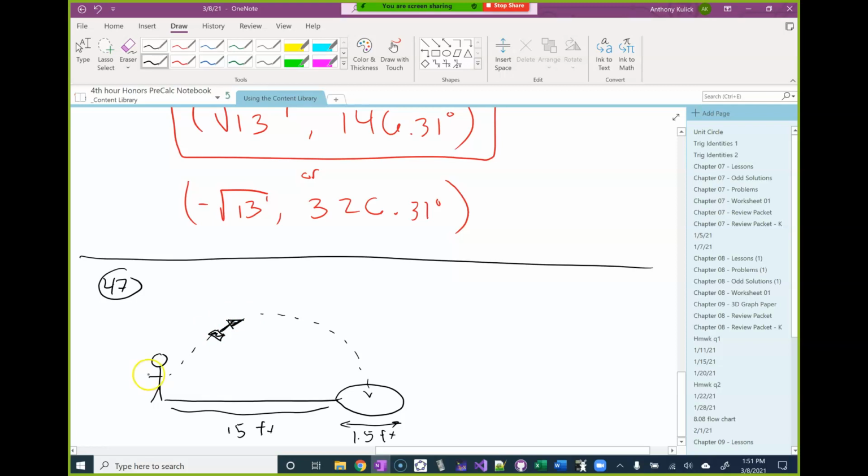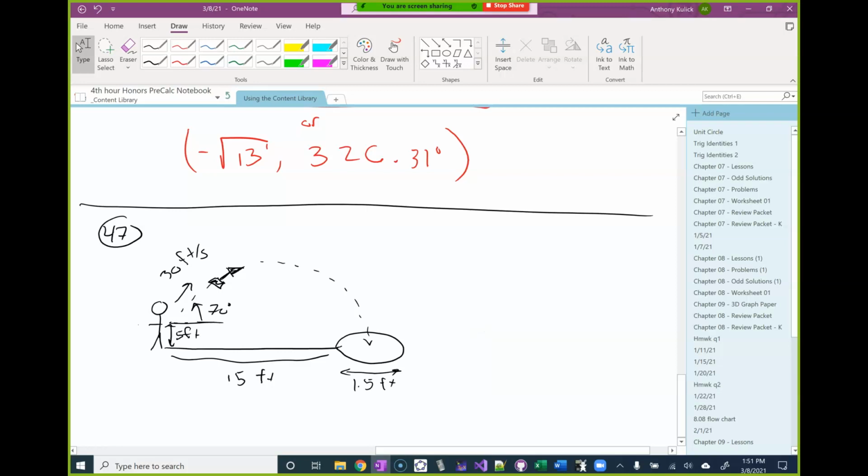You release it from 5 feet above the ground, with an initial velocity of 30 feet per second at an angle of 70 degrees above the horizontal. Will your dart hit the target?